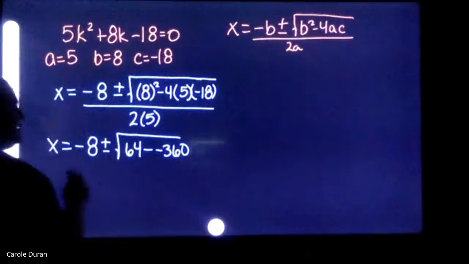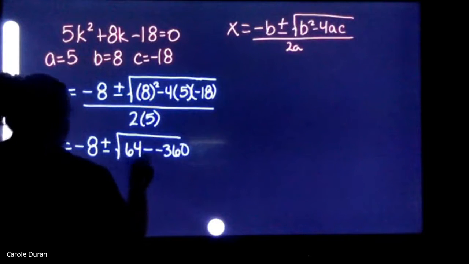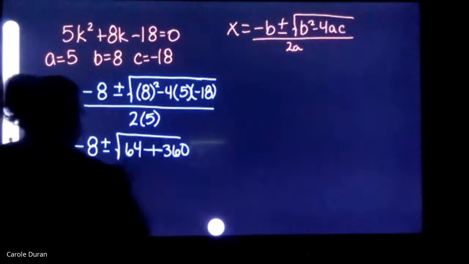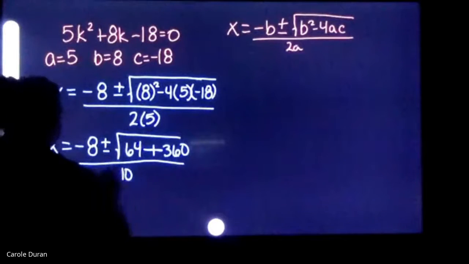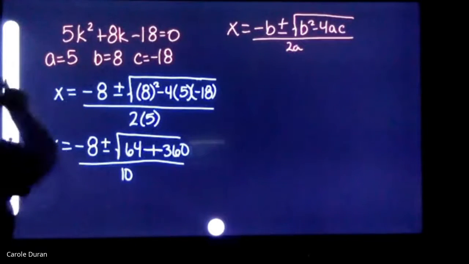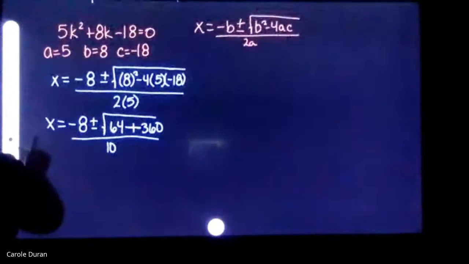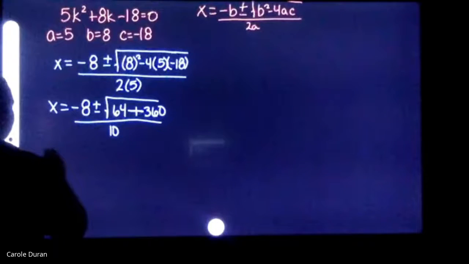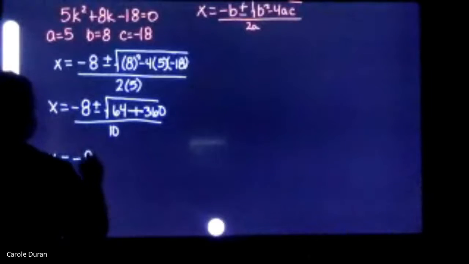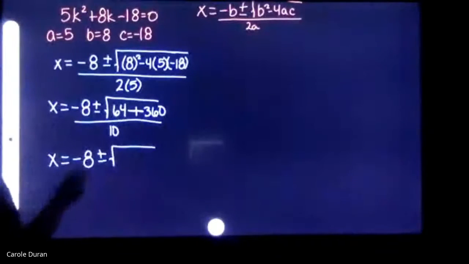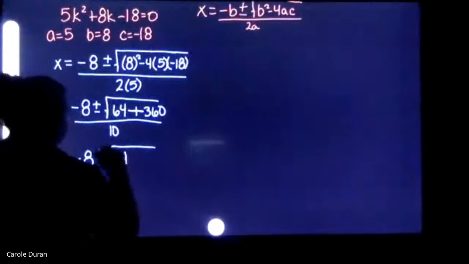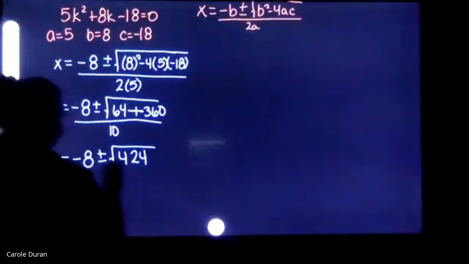Since I already had a minus there, it became minus negative 360, which then becomes a plus. 2 times 5 is 10. Simplifying some more, I get x equals negative 8 plus or minus the square root of 64 plus 360 is 424, all over 10.